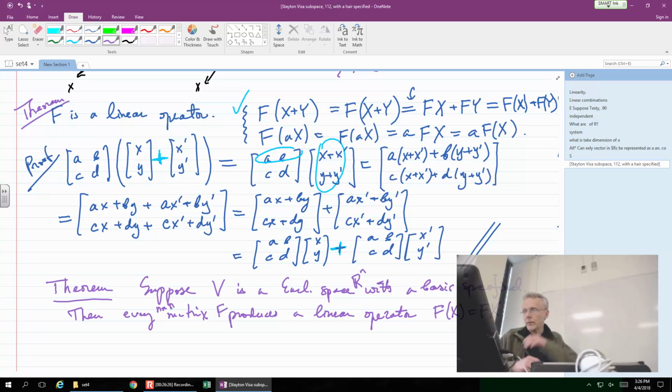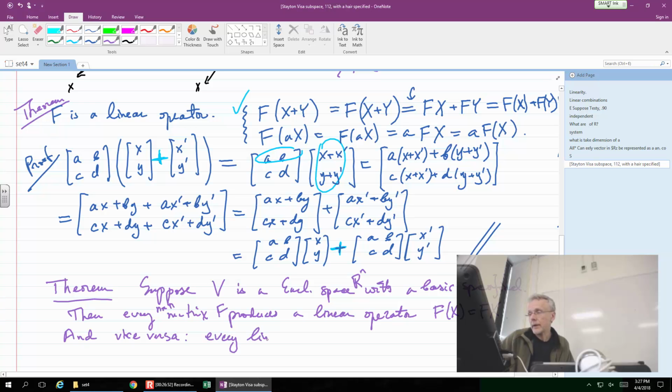Okay, so that's good. Can we reverse this statement? Every n by n matrix produces a linear operator. The important part is also the vice versa part. How would you put it? Every linear operator produces an n by n matrix. Or is given by a matrix, yes.